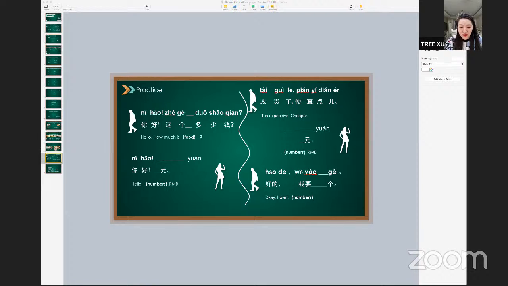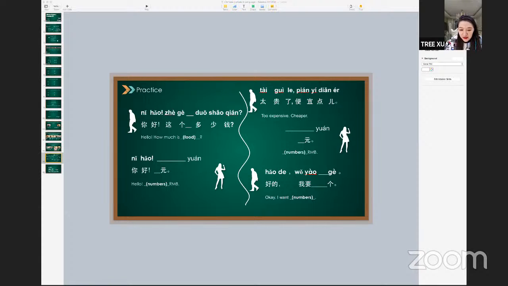Too expensive, 太贵了，便宜点儿。You can say 便宜点. The 儿 doesn't mean anything, it just softens your tone or sounds cuter. If it's hard to pronounce, just say 太贵了，便宜点. Then you answer with a lower price or keep the same amount.